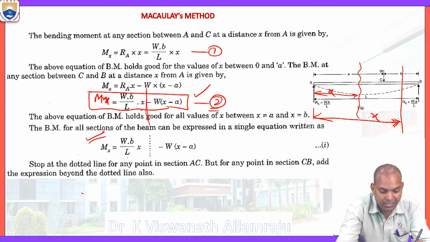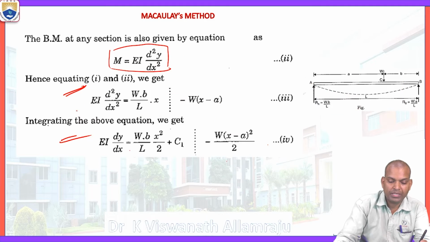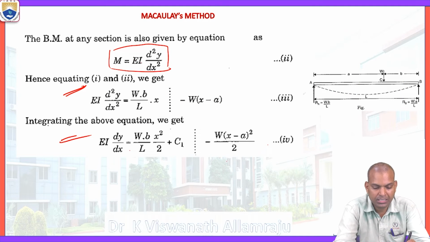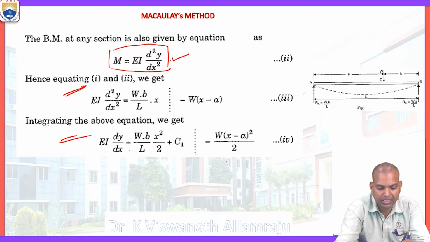And we equate this second part to the equation at any section, that is EI times d square y by dx square.